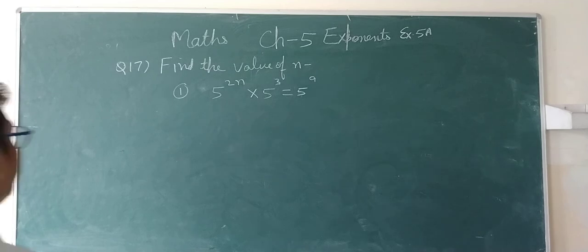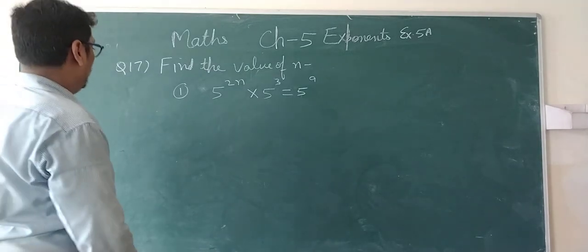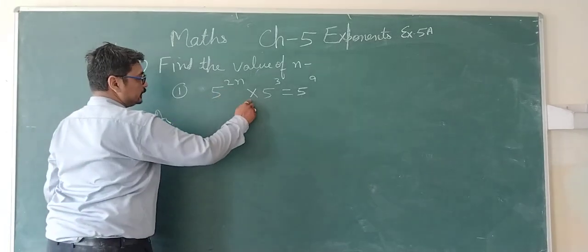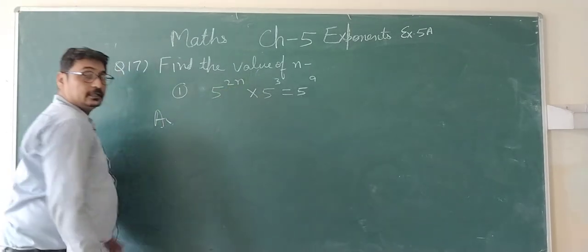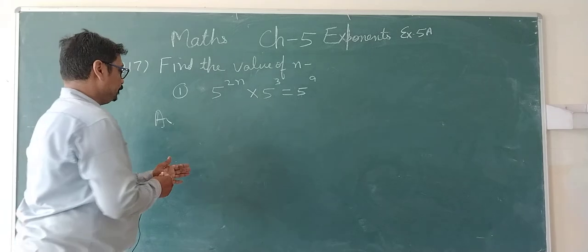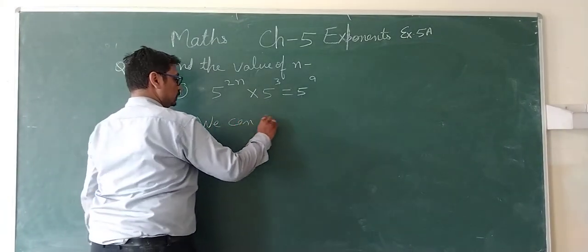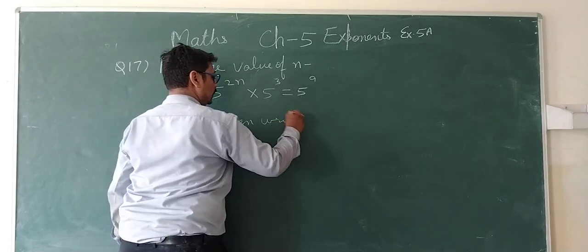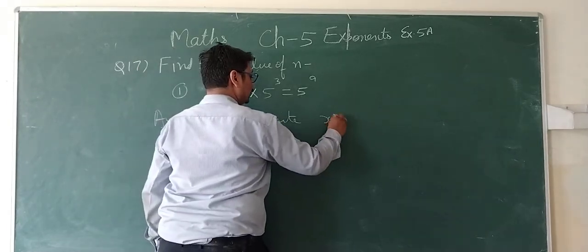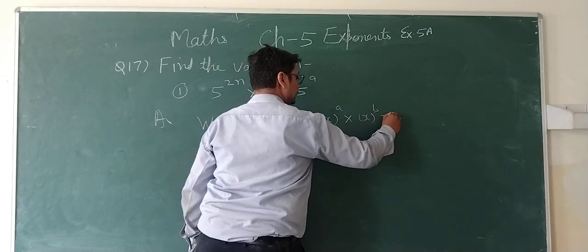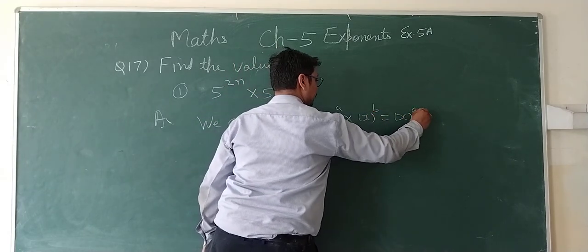Question number 17. Find the value of n. We have 5^(2n) multiplied by 5^3 is equal to 5^9. We know x^a multiplied by x^b can be written as x^(a+b).